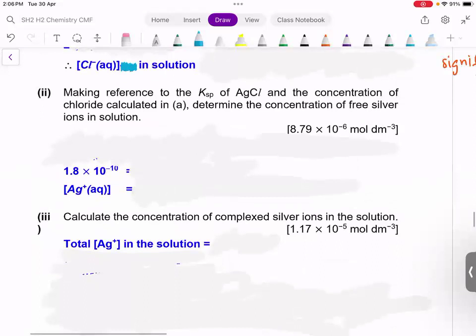Okay, so let's look at this. By making reference to the Ksp value of silver chloride and the concentration of the chloride that is calculated in part A, determine the concentration of the free silver plus ions in the solution. So basically, do you have difficulty calculating this? What is the calculation behind? What is the chemistry concept?